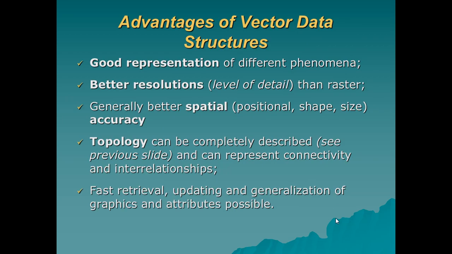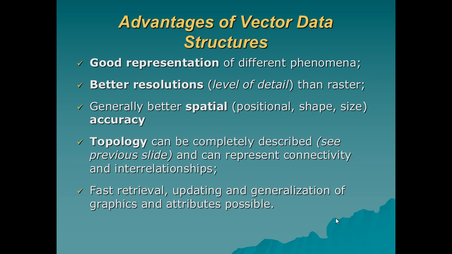So what are the advantages of our vector data structures? The vector data structures provide good visual representation of the different phenomena as points, lines, and polygon features. Typically, it's much more appealing than the raster representation as well.